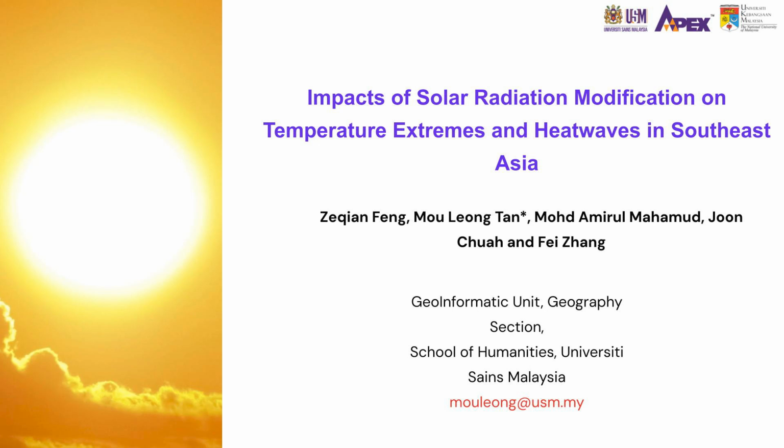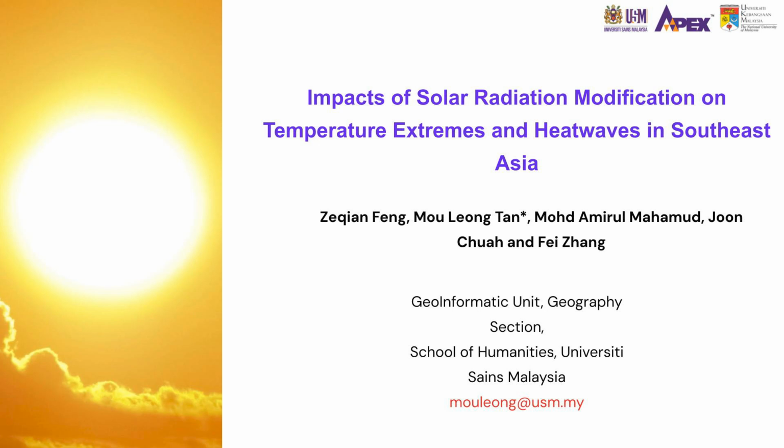Similarly, myself and the public of Malaysia have received alerts or warnings from our government that a heat wave is happening now, so you need to reduce outdoor activity and drink more water.